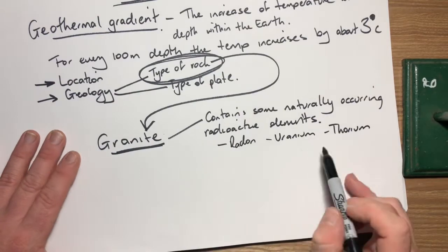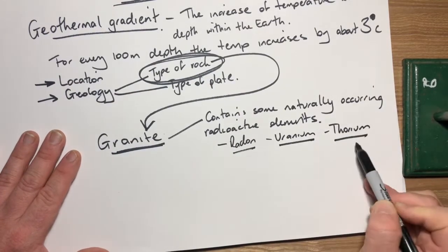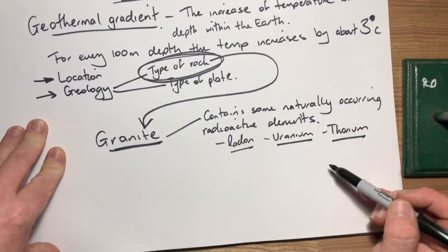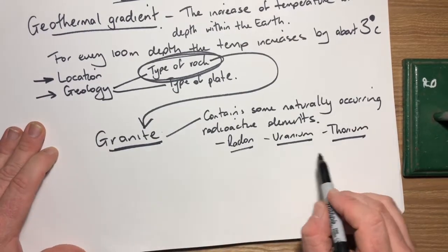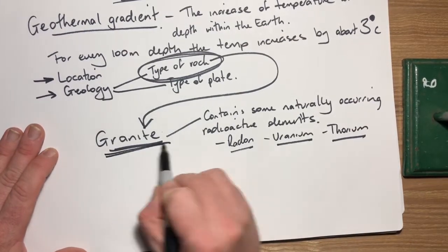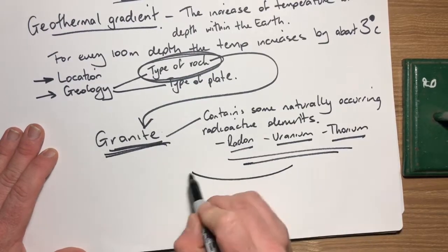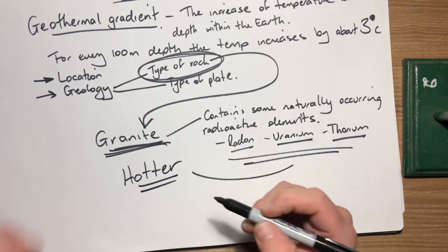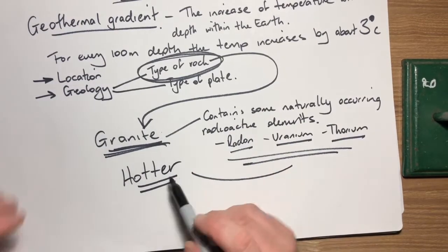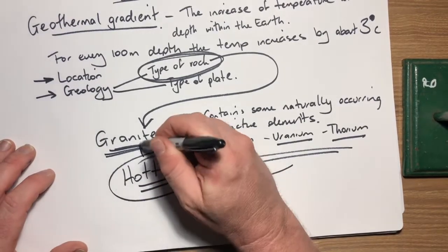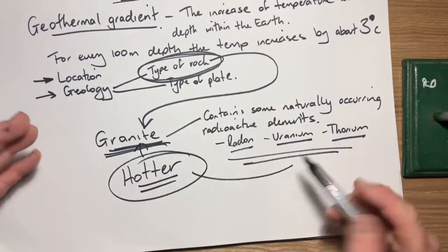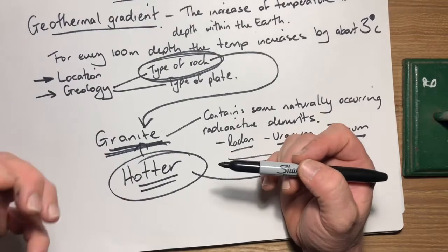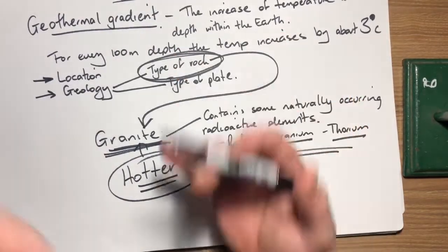Now, if a rock has a high amount, perhaps, of one of these radioactive elements, then there is a chance that this granite will become hotter than other rocks. So there is a possibility of a granite that has high amounts of these radioactive minerals being hotter and then could be used to heat something else.